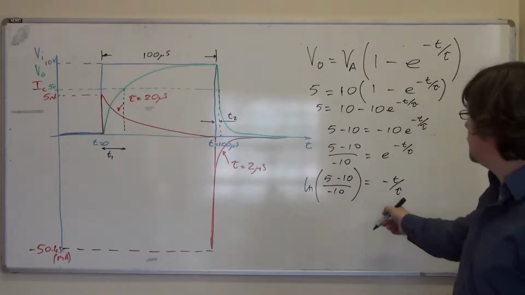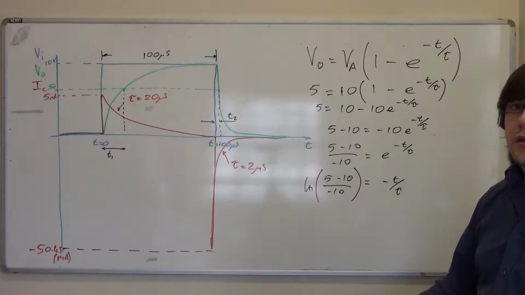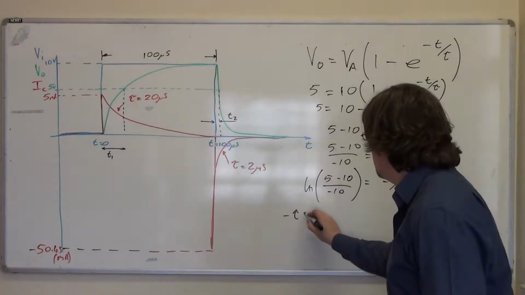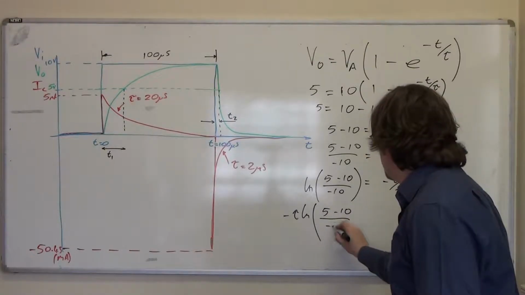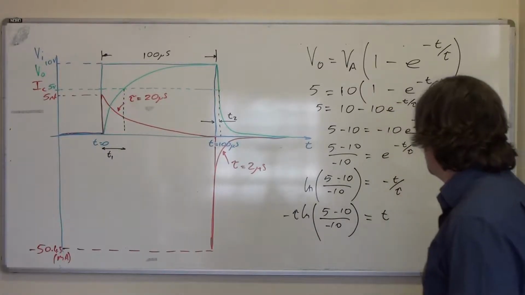So we'll multiply through by tau, and we'll multiply both sides by minus 1. So we'll have minus tau ln of (5 minus 10) upon minus 10 equals t.